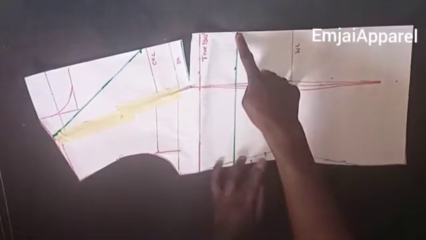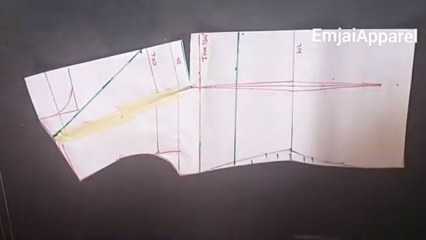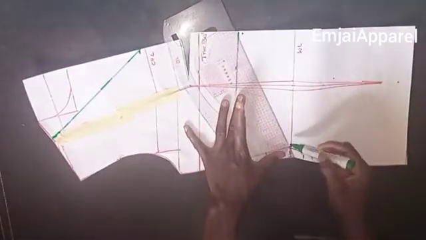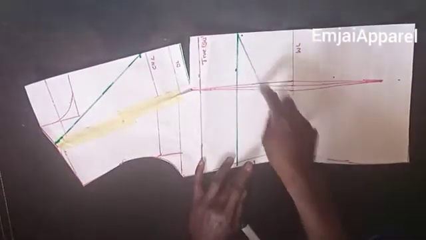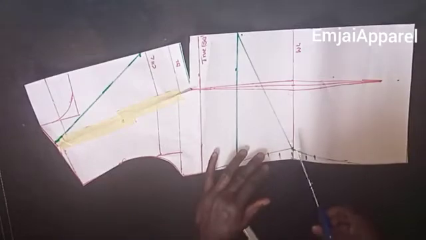So the next thing we're going to be doing is to draw a straight line from the underbust to the waistline. After which we'll be cutting off to separate the upper part from the lower part.